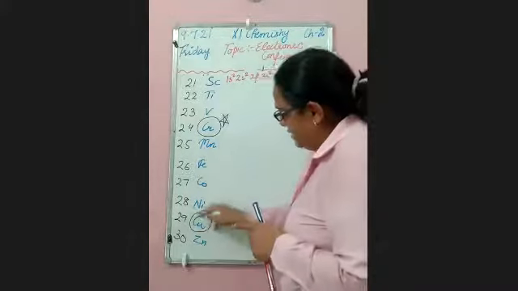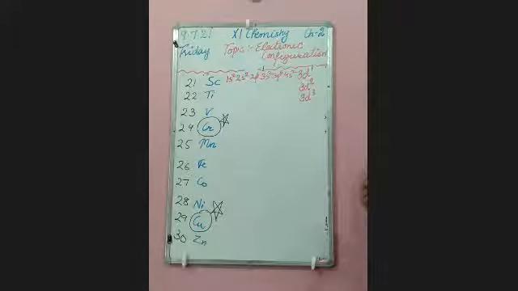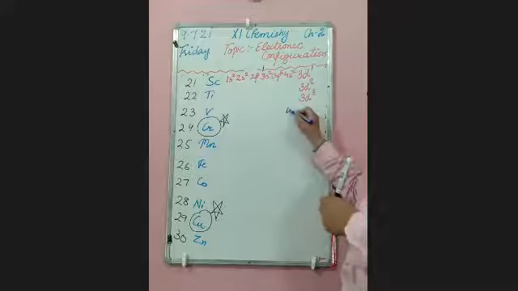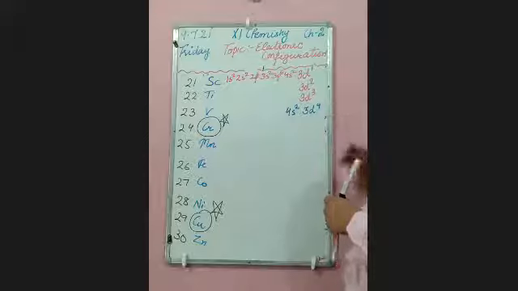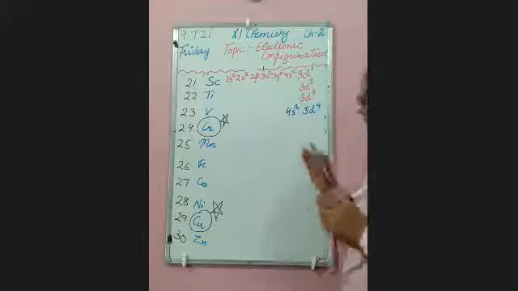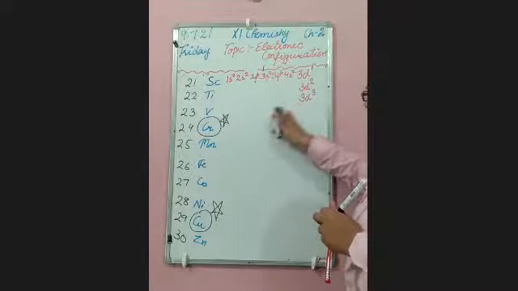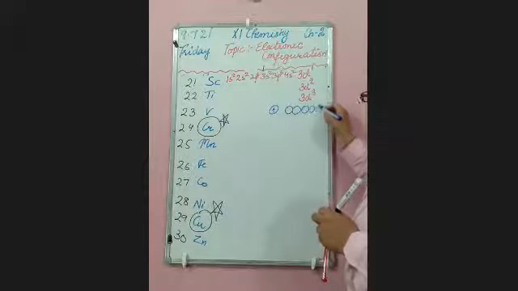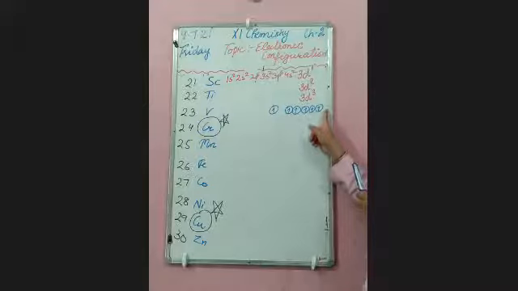Similarly, this case is the exceptional case. I will tell you the reasons why they are exceptional. In case of 3d, what is the last? It should be 4s2 and 3d4. But actually, one electron from the s orbital will jump to one orbital of 3d, and now you can see it is the half-filled configuration.